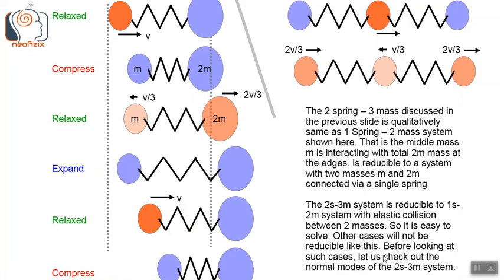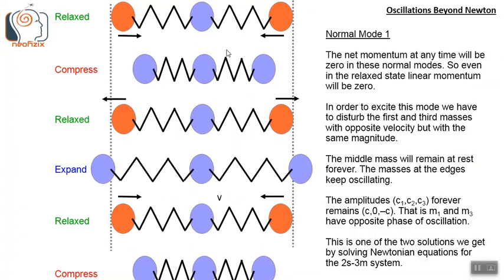So before looking at such cases, let us check out the normal modes of this two spring three mass system. So this is normal mode 1. The net momentum at any time in these normal modes will be 0. So even in the relaxed state, the linear momentum should be 0.